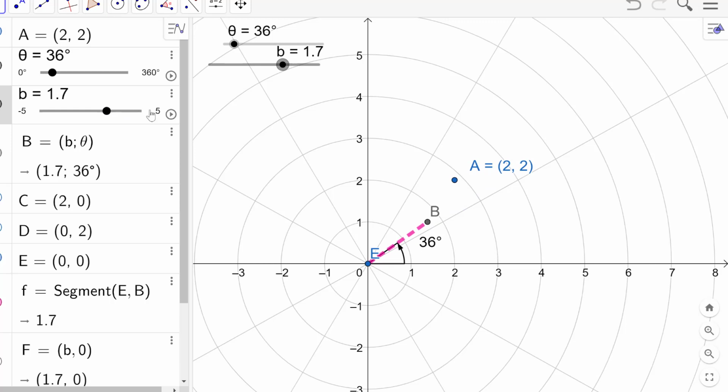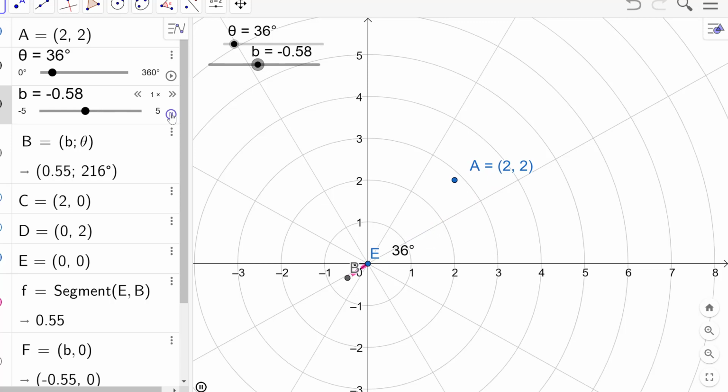And if I go negative, watch what happens. When B becomes large, it shoots out from the origin, and when B becomes negative, it actually goes in the opposite direction. Notice this still has an angle of 36 degrees, but then it goes backwards. So that's another component: it can go backwards.